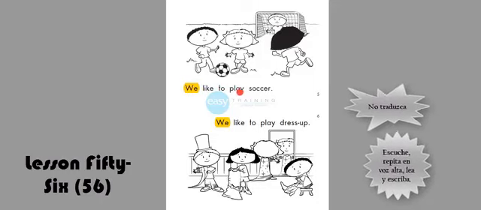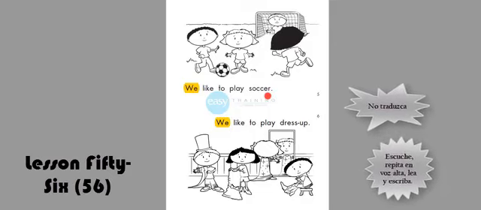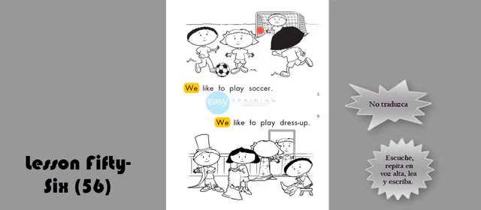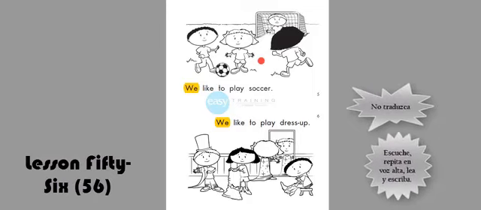We like to play soccer, dice el niño, la niña. You see, this picture illustrates soccer. So soccer is one more game. So we have 3 games until now. Tag, baseball, and soccer.